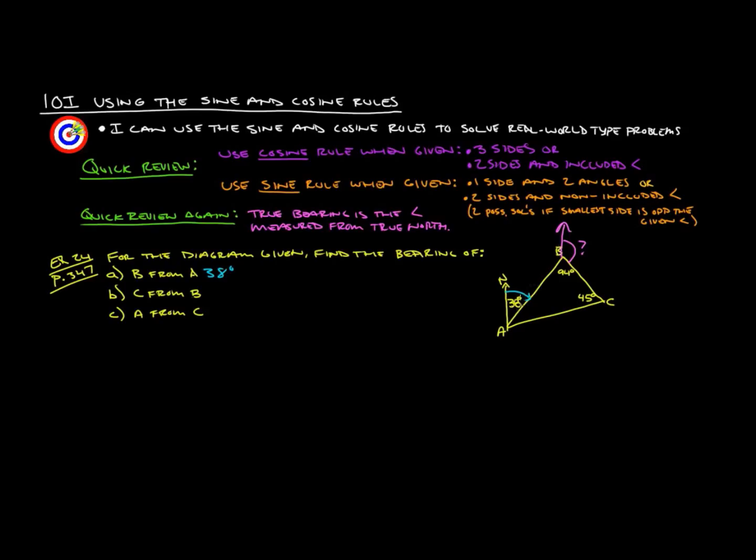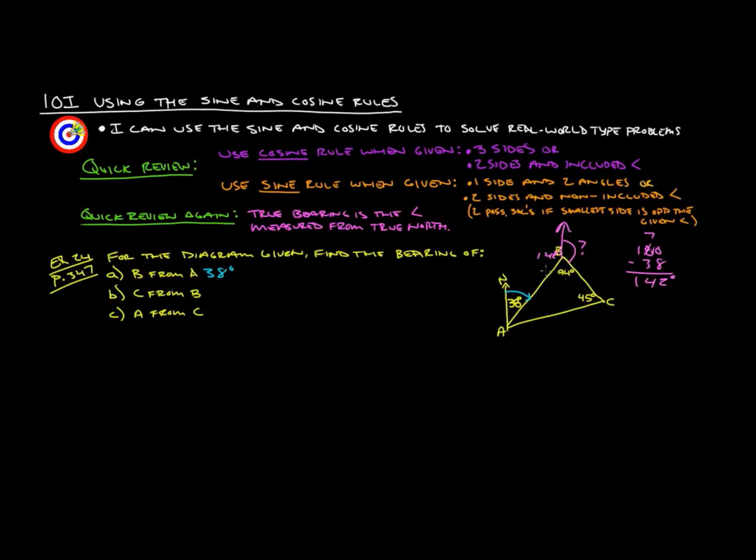So these two have to add up to 180 degrees. So let's do 180, but we've already used 38 of those, and that gives us 142 degrees for this here.